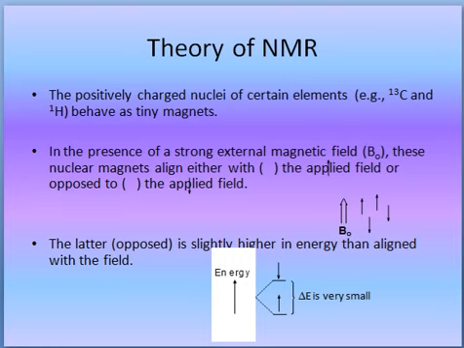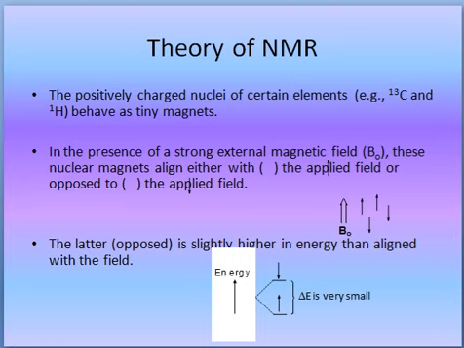Later, if you go for research, you can have NMR of phosphorus and fluorine also. Here we are discussing only carbon and 1H NMR, that is hydrogen proton NMR. That's why we call it 1H NMR.